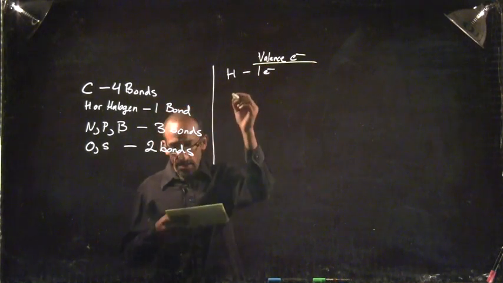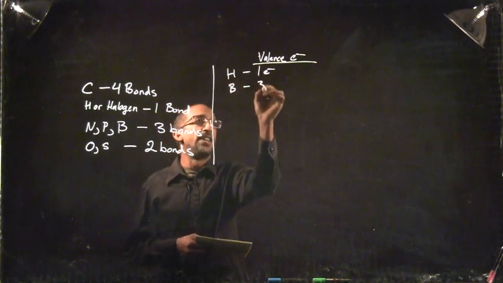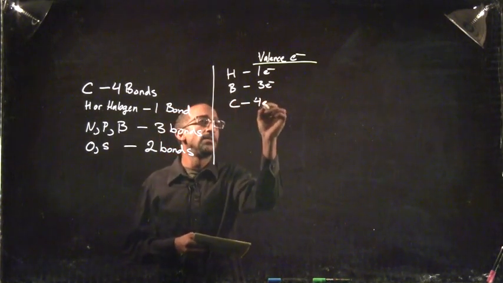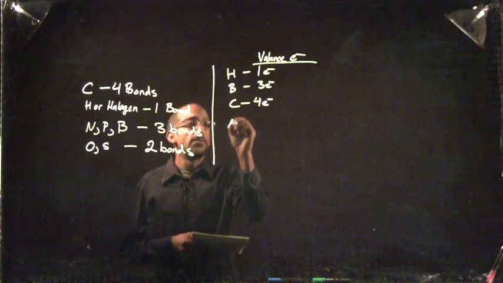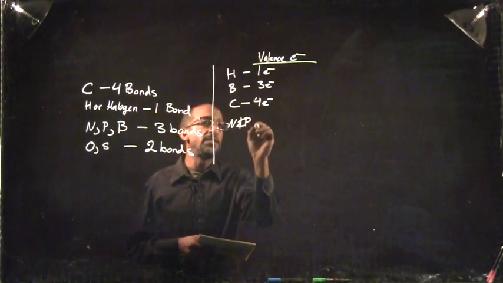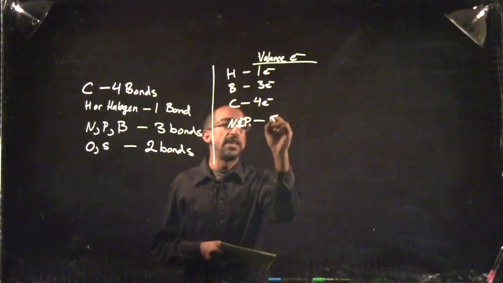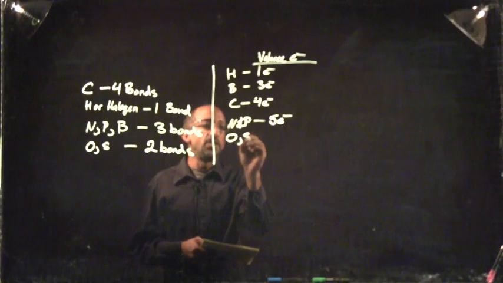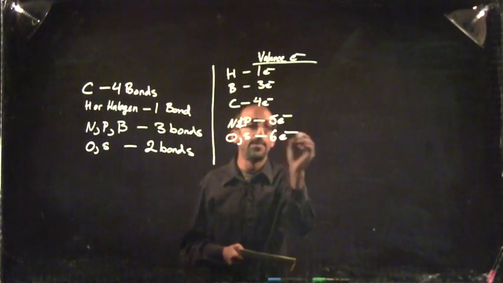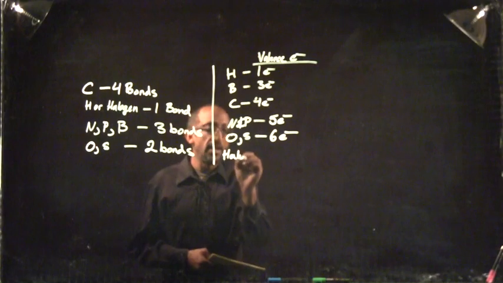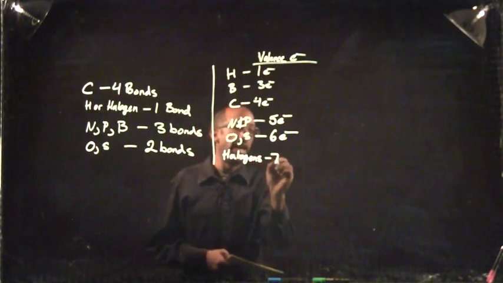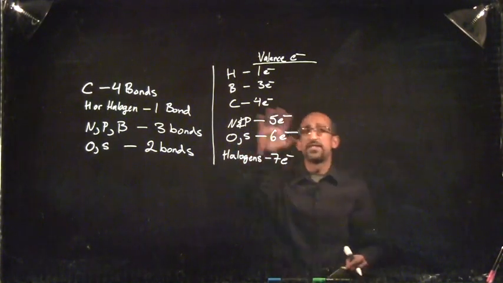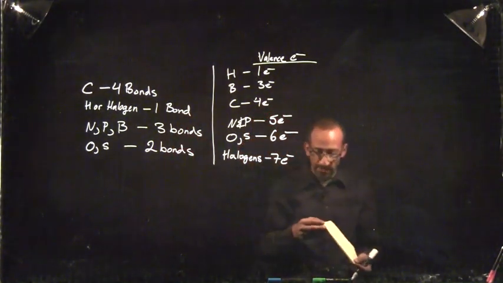So hydrogen has 1, boron has 3, carbon has 4. For nitrogen and phosphorus, we have 5 valence electrons. Oxygen and sulfur, we have 6. And then halogens have 7 valence electrons.